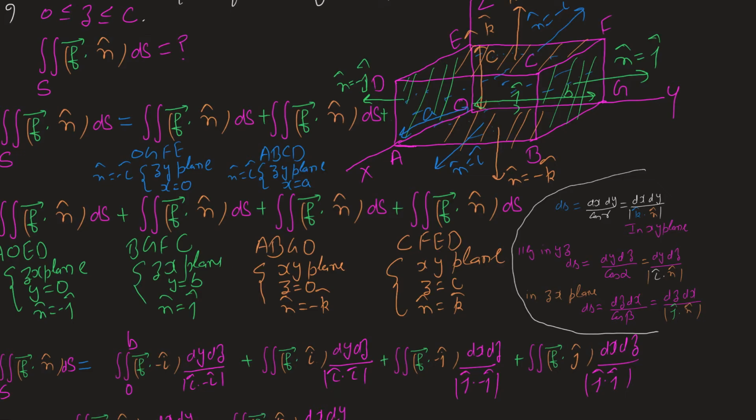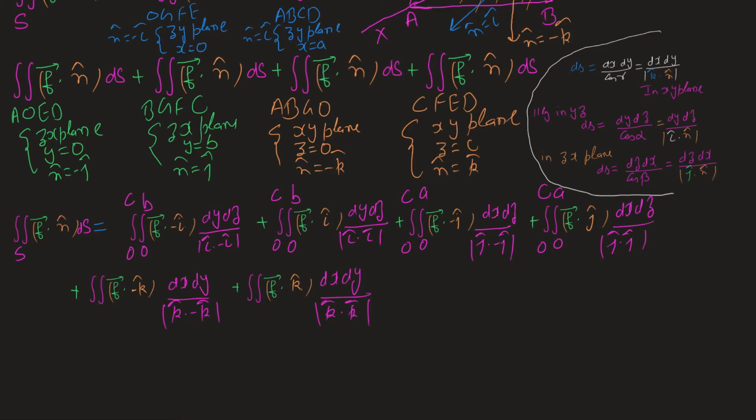So this will be 0 to c. Similarly, writing y, this will be 0 to b, and this will be 0 to c, and this will be 0 to a, 0 to c, this will be 0 to a, 0 to c, and this will be 0 to a, 0 to b, 0 to a, 0 to b. So this is the case.